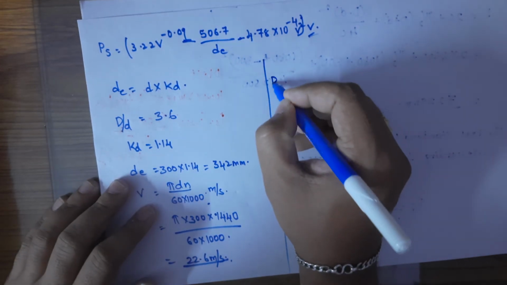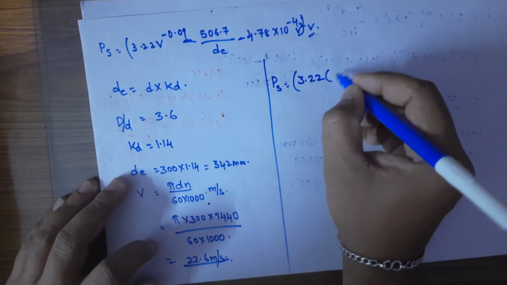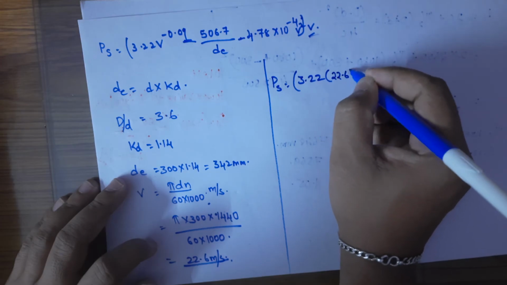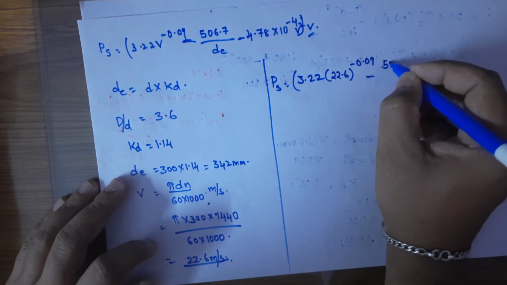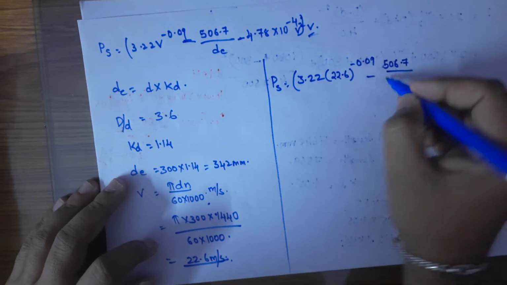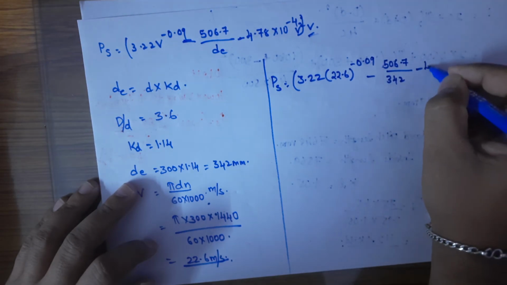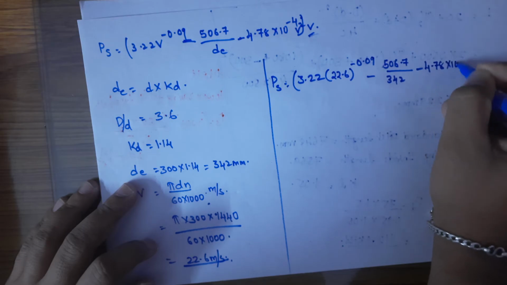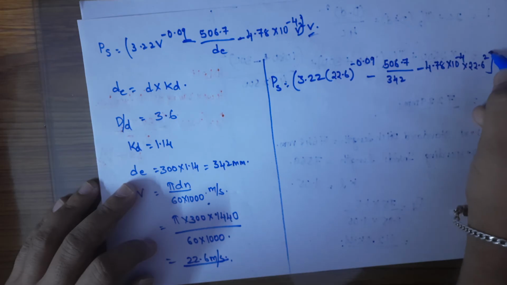So PS is equal to 3.22 into V value is 22.6 power 0.09 minus 506.7 by D value is 342 minus 4.78 into 10 to the power of minus 4 into 22.6 square into 22.6.